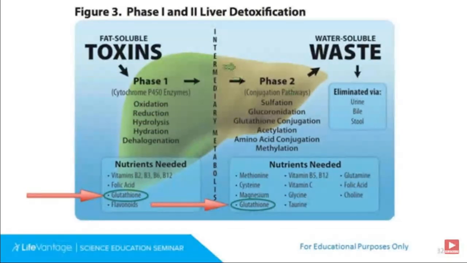And these intermediate molecules oftentimes are more toxic than the parent compound that you ingested in the first place. So they get a buildup of all these toxic intermediate molecules and all of the associated health conditions with that.